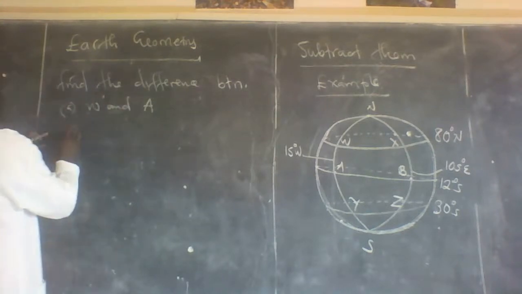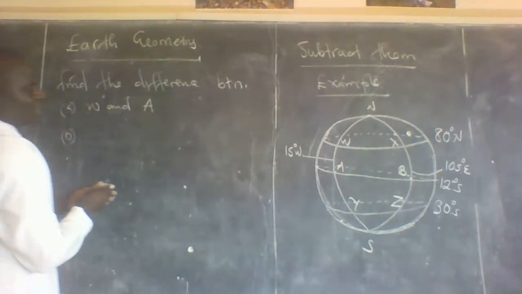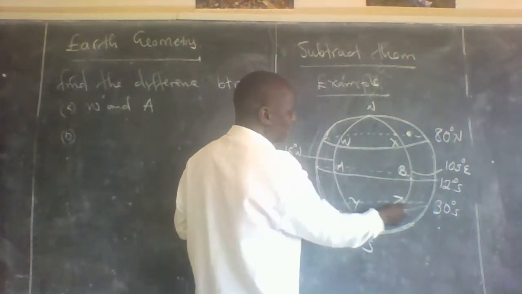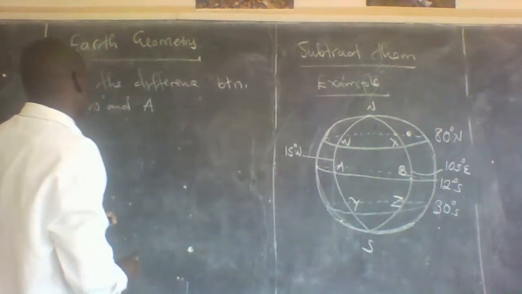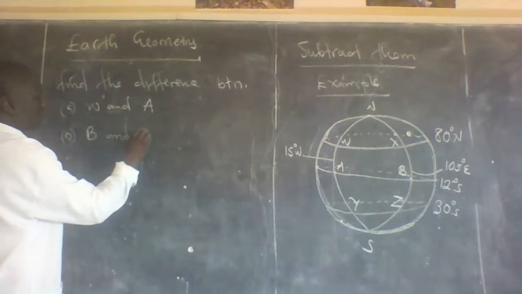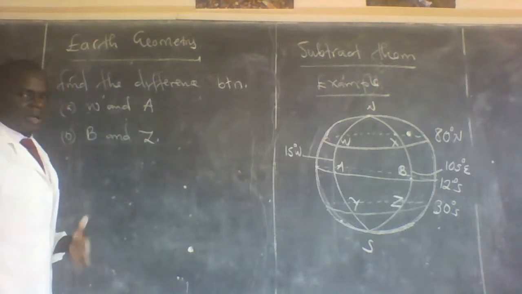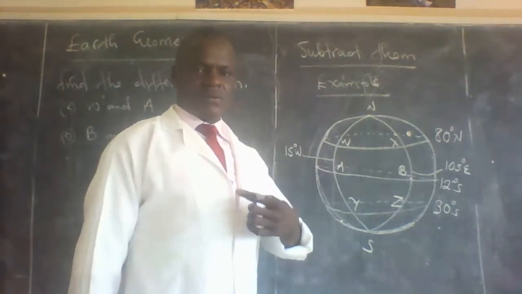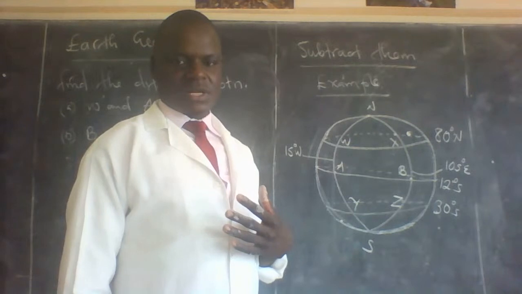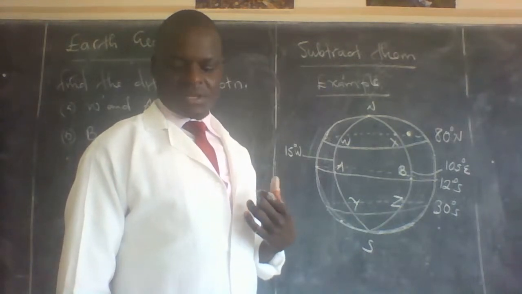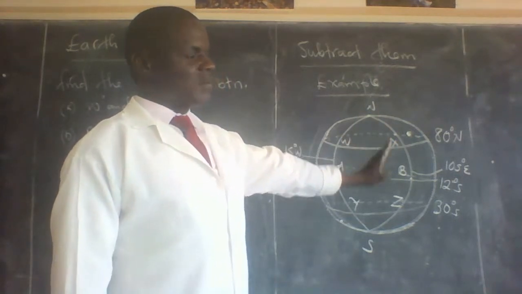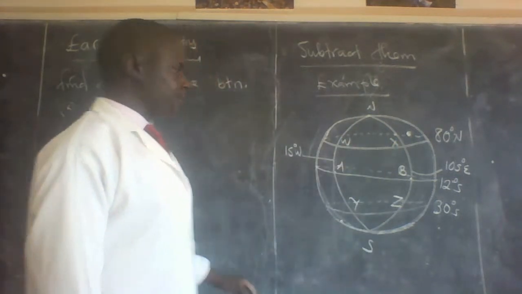The other one we can look at is between B, which is on the southern hemisphere, and Z, which is on the southern hemisphere. But remember here, the coordinate from the longitude is not that important because we're now just dealing with the latitude. So allow me to forget about the longitudes and concentrate on the latitudes.